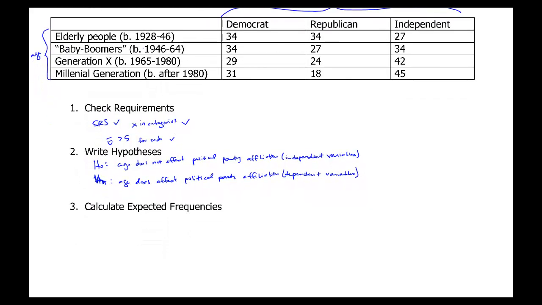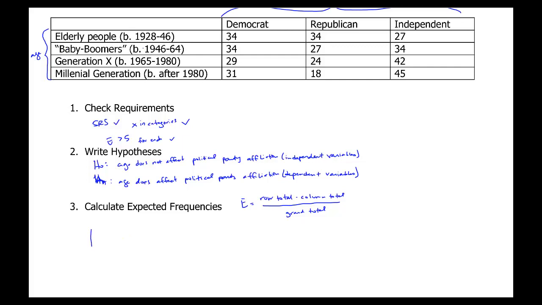Okay, step 3, calculate our expected frequencies. Remember, expected frequency equals row total times column total divided by the grand total. And you have to do that for each box in your table.